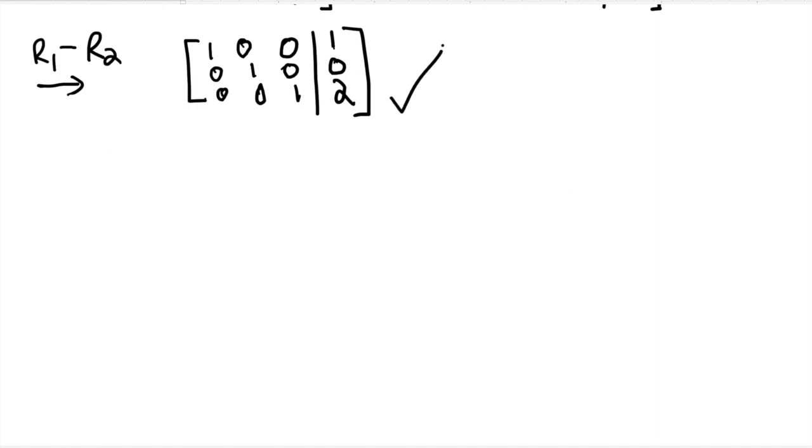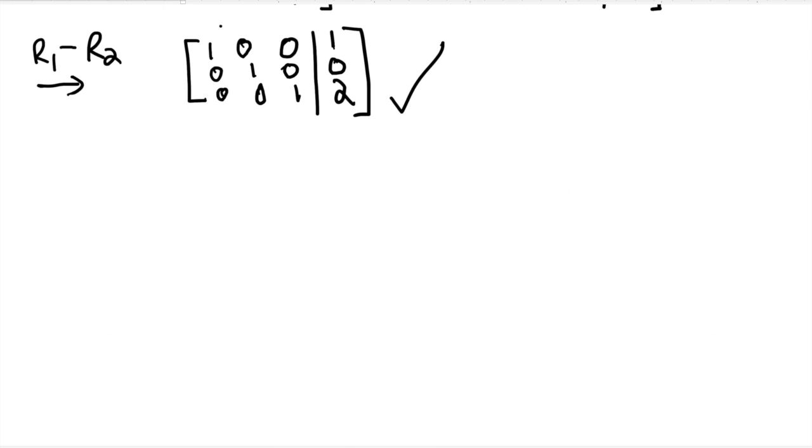So we've done it. And if you look closely enough, you'll see that the portion of the matrix to the left of the vertical line is actually the 3 by 3 identity matrix. And like I said before, using this method, we can easily read off the values for our variables in our simultaneous equation.